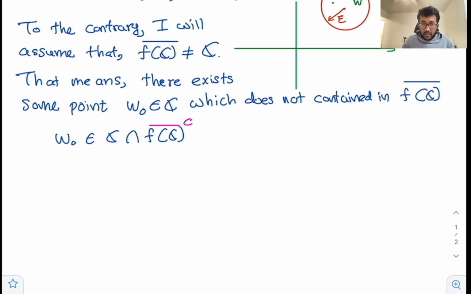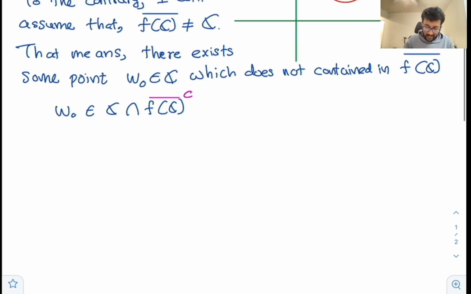So if something is not in the closure, now w naught is not in the closure of f(C), that means I can find some epsilon naught, or delta. So I will select epsilon naught.